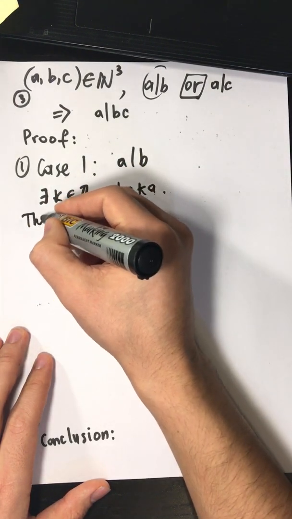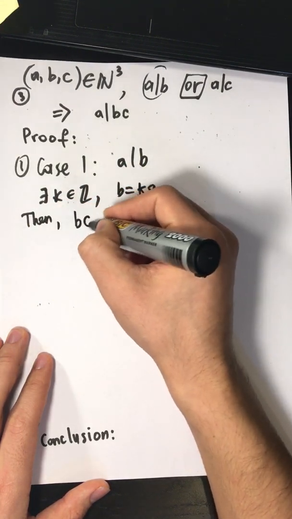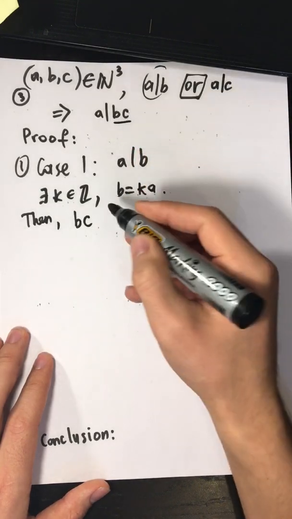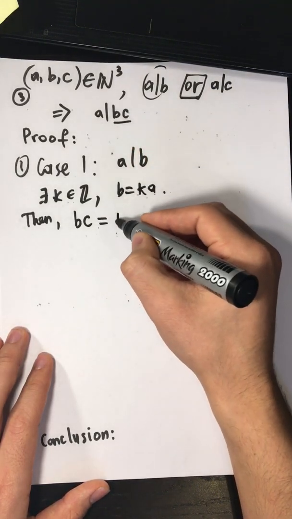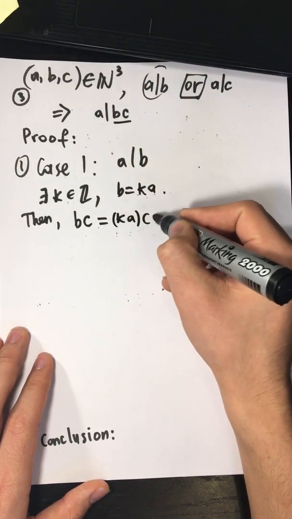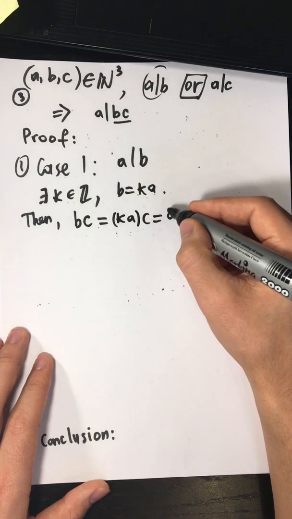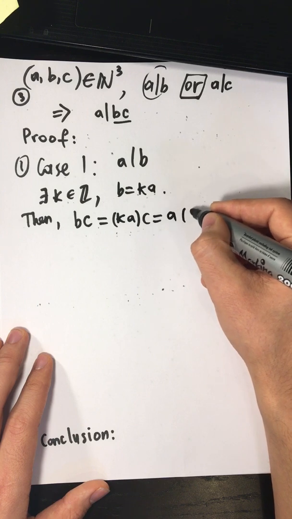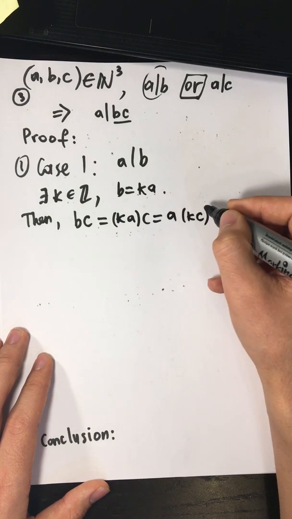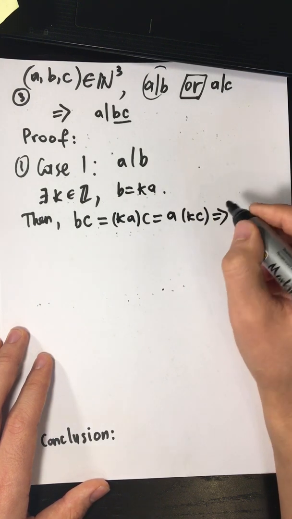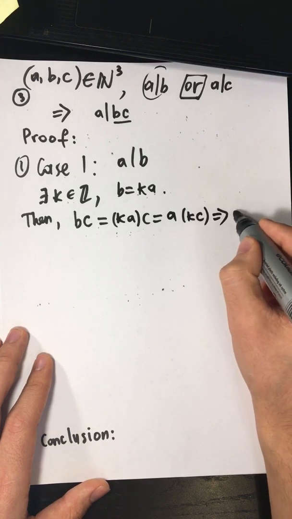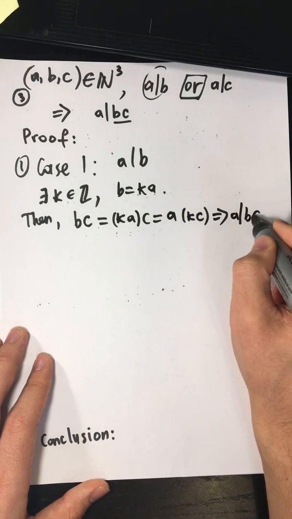Then we can write, we take this BC can be written by KA times C, and this is equal to A times KC. From this, you can decide that A divides BC.